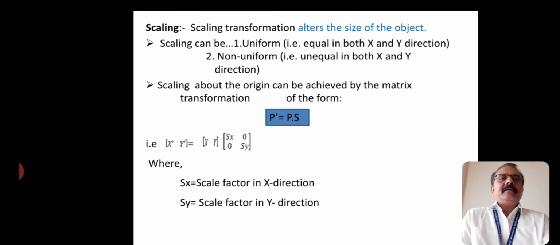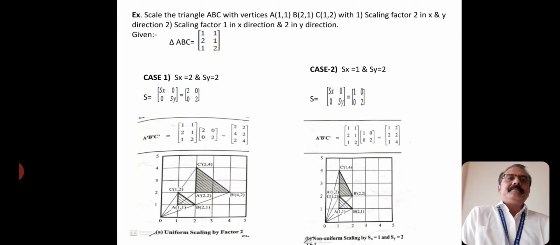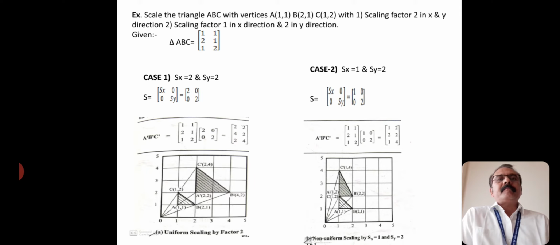Let us see a simple example. Scale the triangle ABC with vertices A(1,1), B(2,1), C(1,2) with, first, scaling factor 2 in x and y direction.